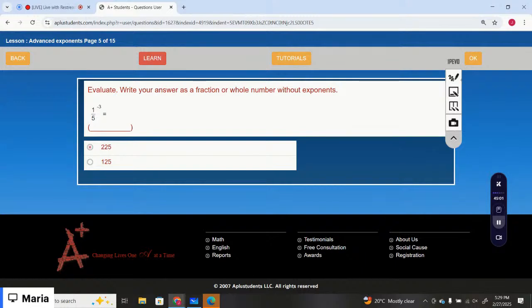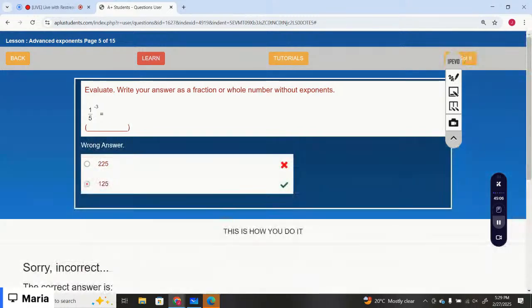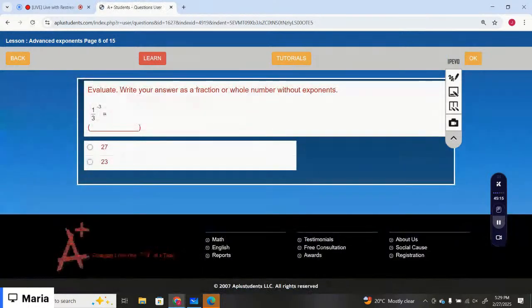That is 225. Option number 1 is the correct option. Oh, 125. 5 times 5 is 25, and 25 times 5 is 125. It is, sorry.